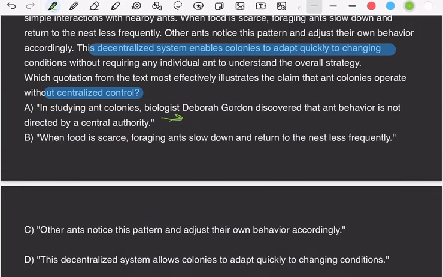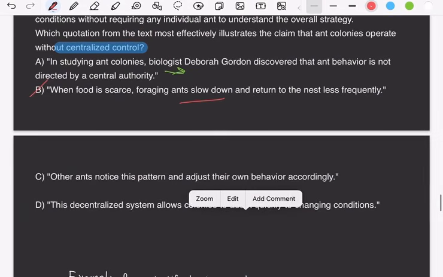The next one is when food is scarce, foraging ants slow down and return to the nest less frequently. Now, although this is accurate and it is taken from the passage, it's an example which does not directly prove lack of central control, right? This doesn't say how they are signaling each other. So this is again not the answer that we're looking for, although this might sound correct.